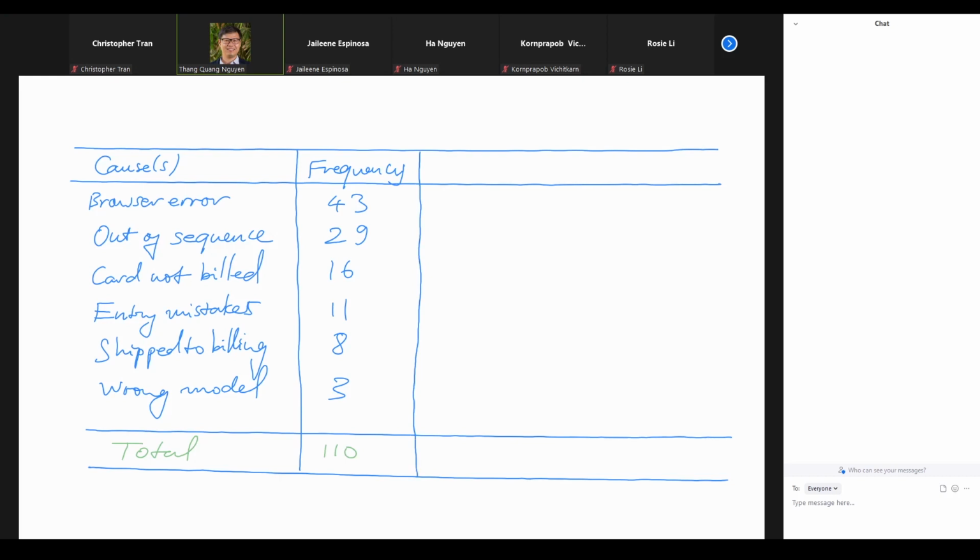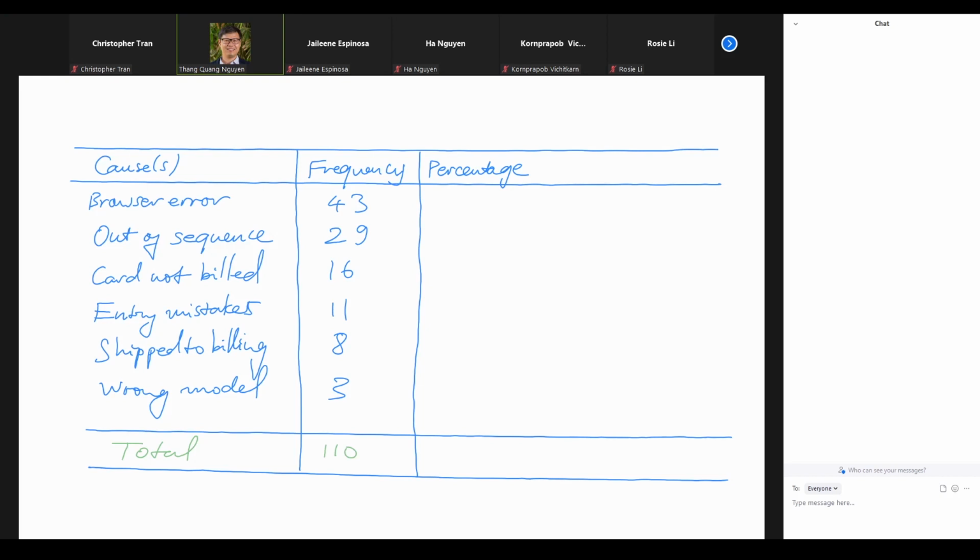The third column tells us about the cumulative percentage. I'm sorry, the percentage. So if we look at that number 43, we do not really see the big picture, right? We only know that, okay, the browser errors happen 43 times.